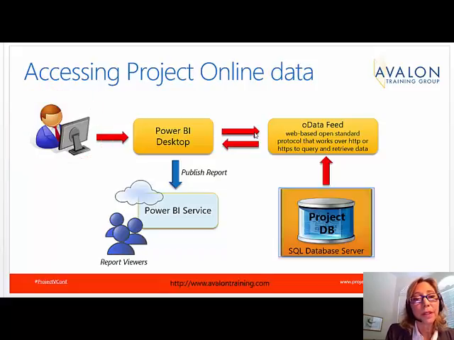And if you're a Project Online user, you will access the data using something called the OData feed. It's a web-based open protocol that allows you to access the data using a browser. The data from the project database is fed to this web-based protocol. So once you've pulled your data into the Power BI desktop, you can build a report and then publish that report to the Power BI service.